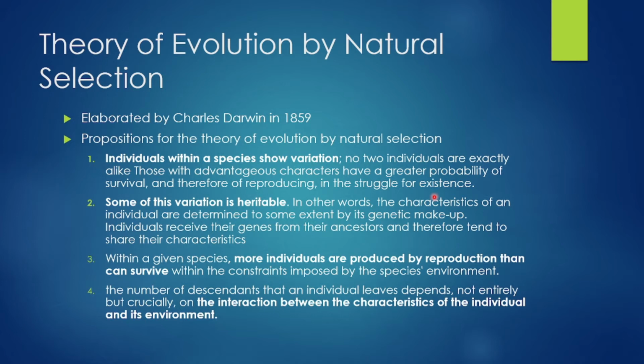Number four, the number of descendants that an individual leaves depends not entirely but crucially on the interactions between the characteristics of the individual and the environment. So it will tie in with proposition number three, where the survivability of the descendants would depend on whether the inherited characters from the ancestors would be best suited for that particular environment.